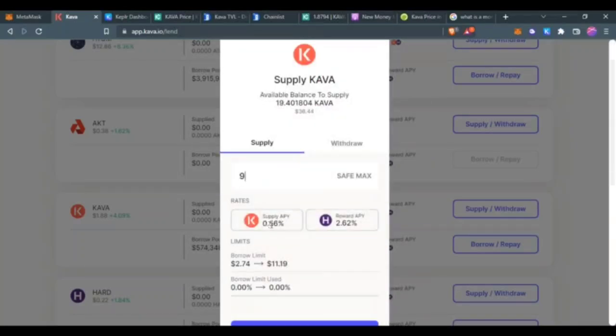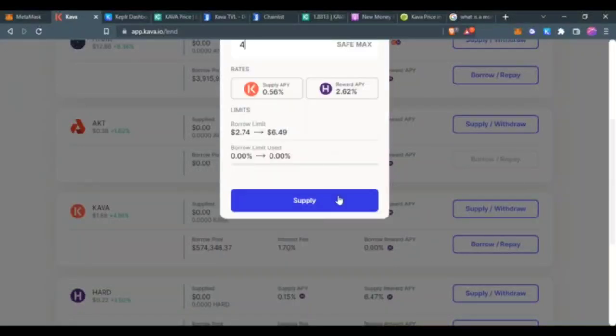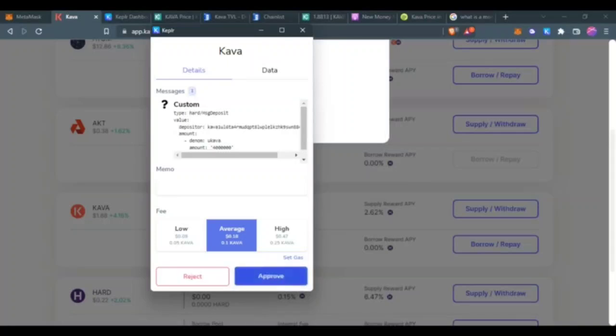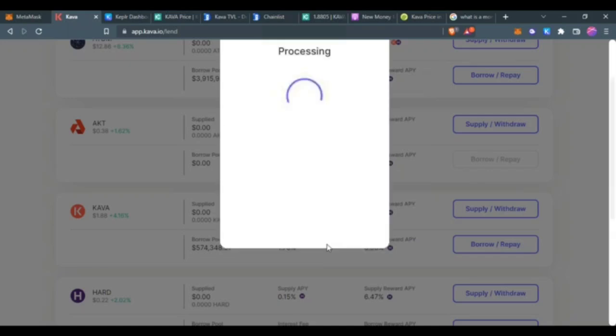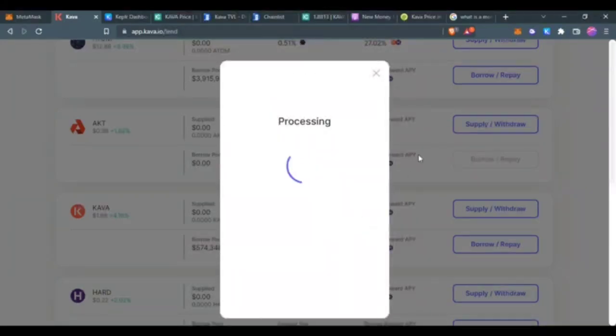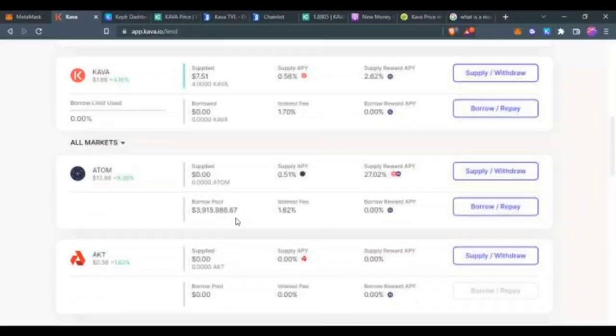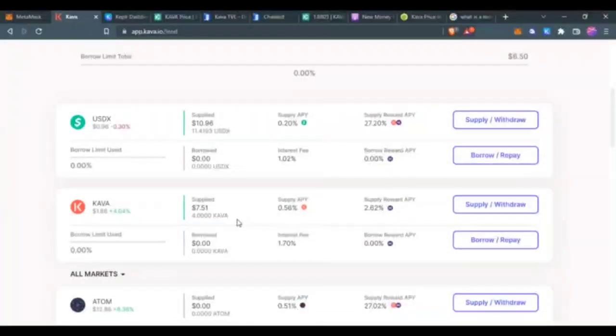Right now, the supply APY is 0.56 in Kava plus 2.62% and the hard rewards. In fact, you know what? We're actually going to do a smaller amount because I also want to go through creating a liquidity pool token. So let's actually just do 4 Kava over here. There we go.